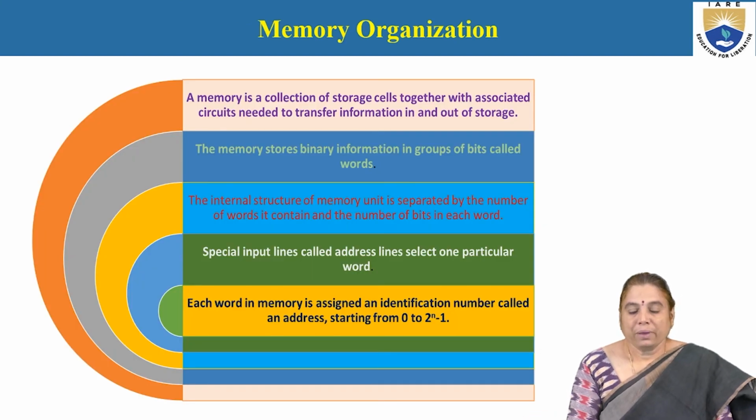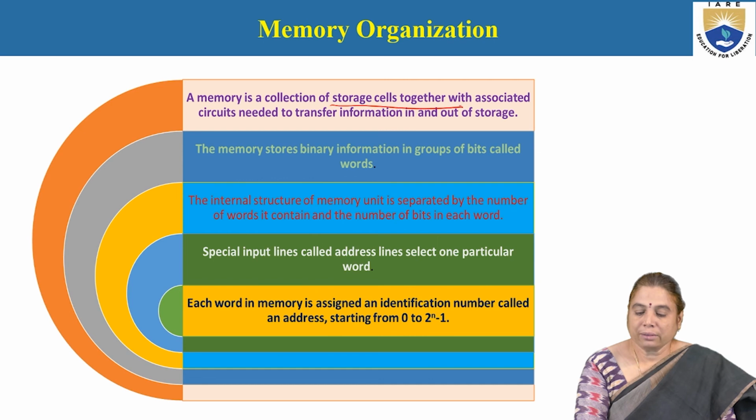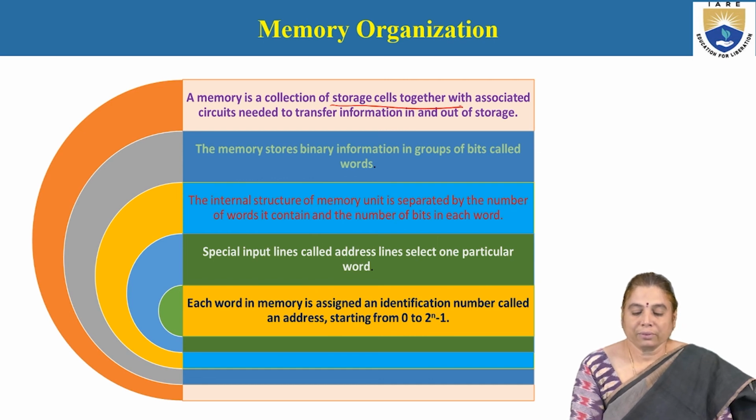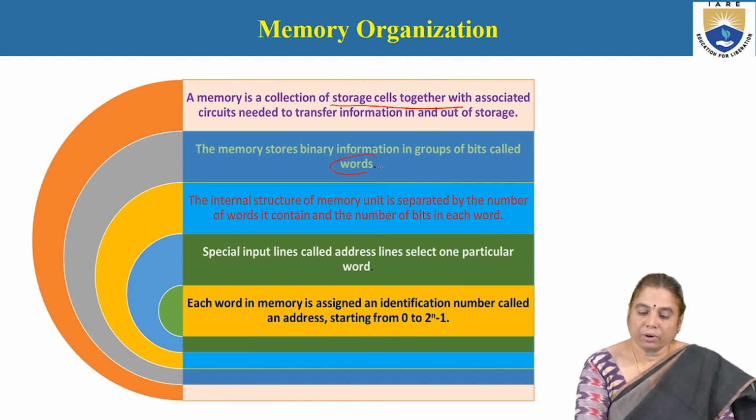So memory is a collection of storage cells together with associated circuitry. Memory stores binary information in groups of bits called words. The internal structure of a memory unit is specified by the number of words it contains and the number of bits in each word.